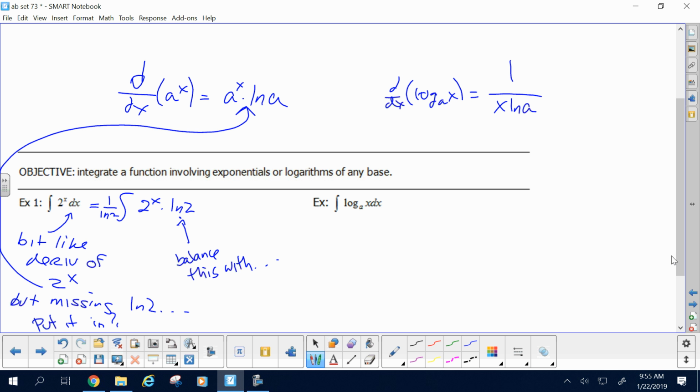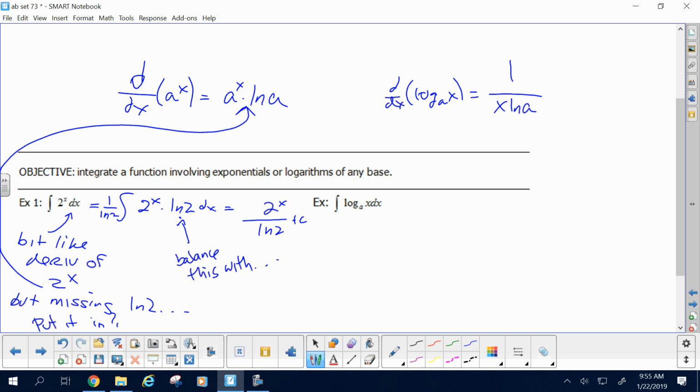I put this one out there because it's a constant and I can, but I left this one in here because I want that to complete my derivative. Now, what is this the derivative of? 2 to the x. And that constant just comes along for the ride.